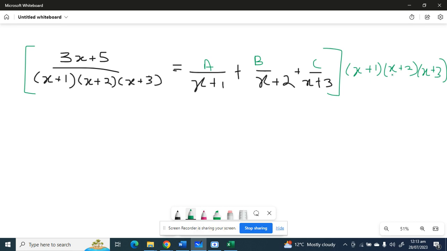If we multiply this expression with 3x plus 5, we cross out the whole denominator, and we remain with 3x plus 5.